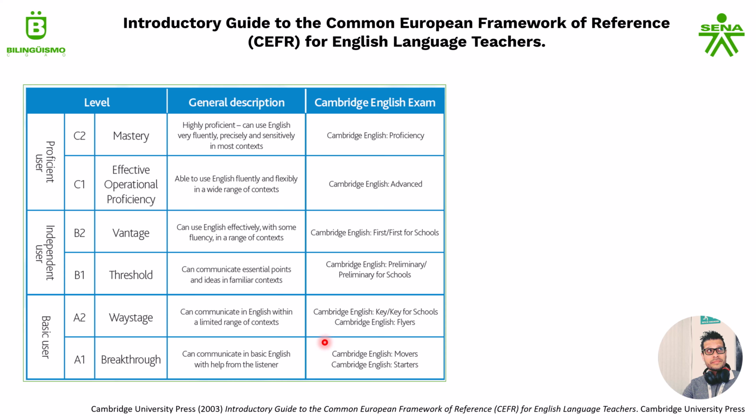So they put some of the different exams that they produce, just for people to know what exam can be taken depending on the level. Because of what has happened, we are going to focus on the Starters, that is the Pre-A1. So A1 is divided into two, Pre-A1, that is like a false beginner, and then the beginner, that is the A1, and then it continues to the A2, and so on.